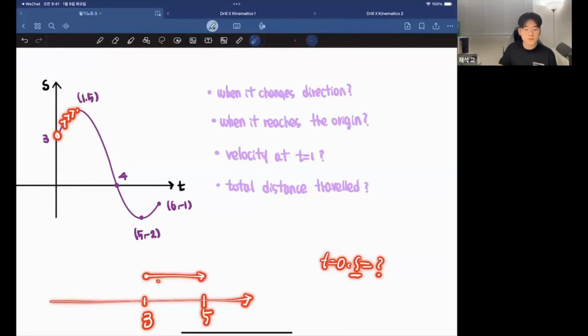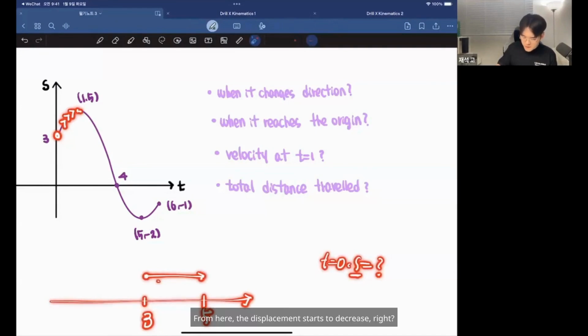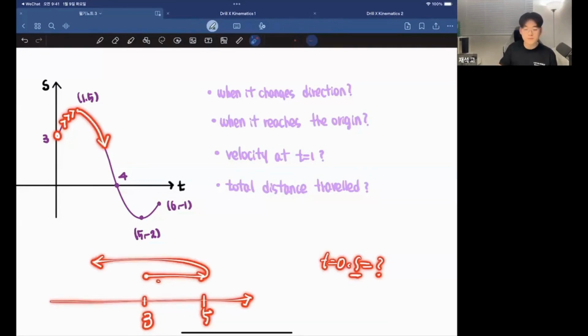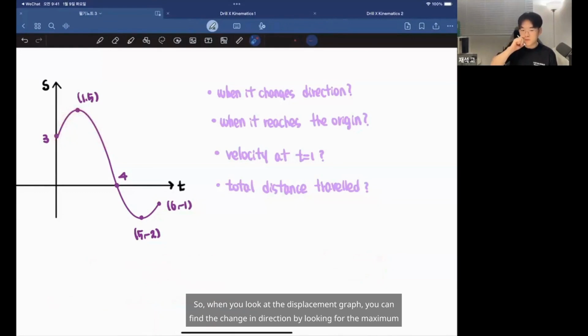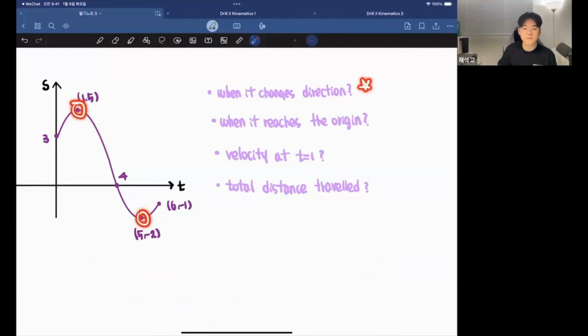Do you understand up to this point? From here, the displacement starts to decrease, right? That means it started to turn left from here. At this point, the direction of motion changes. So when you look at the displacement graph, you can find the change in direction by looking for the maximum or minimum.